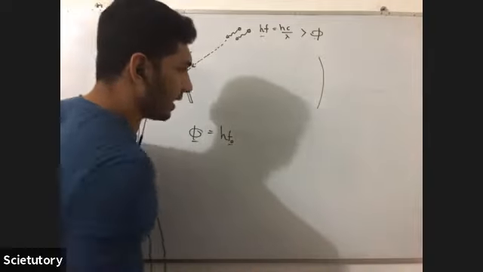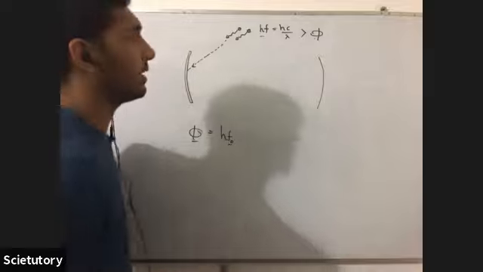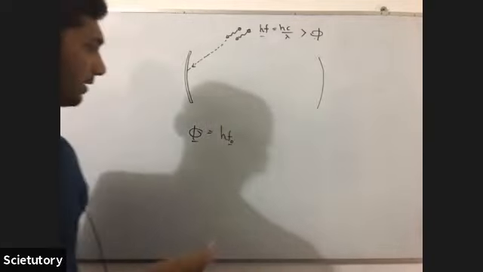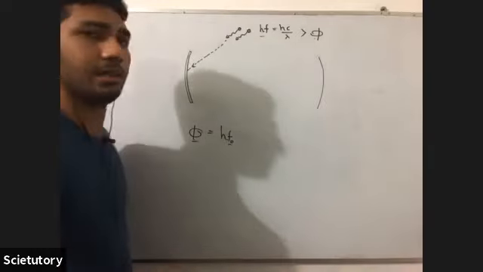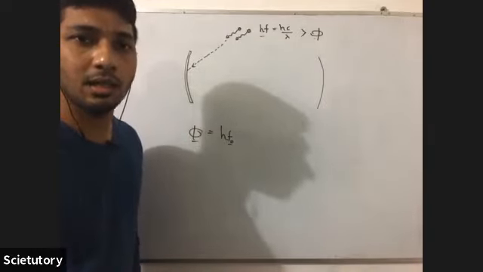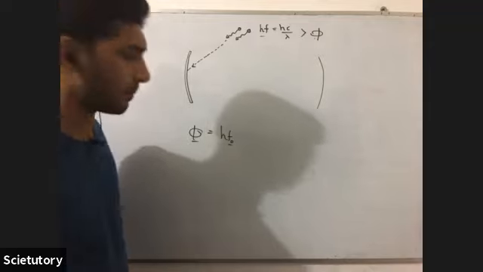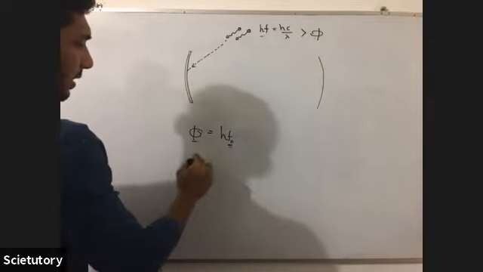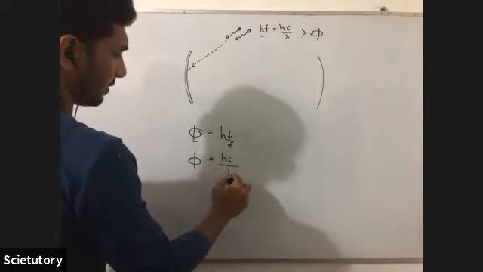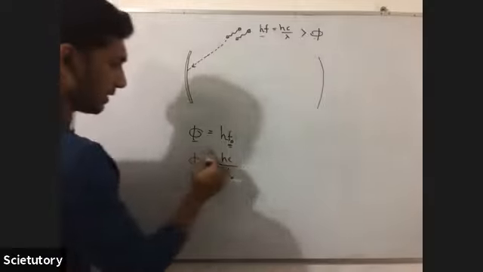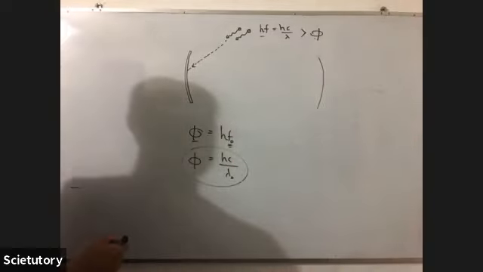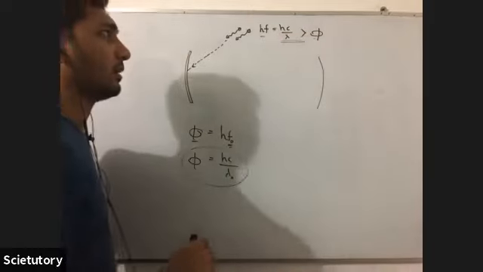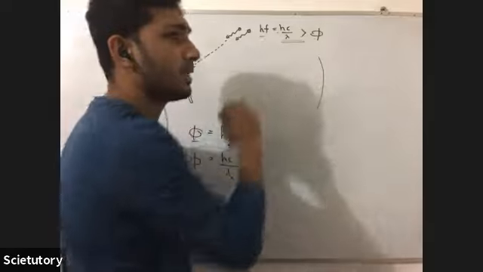It can be defined as the least frequency that a light ray should have to remove electrons from a metal surface. You also have the threshold wavelength, which can be expressed in an equation like this. Sometimes the photon energy is greater than the work function.